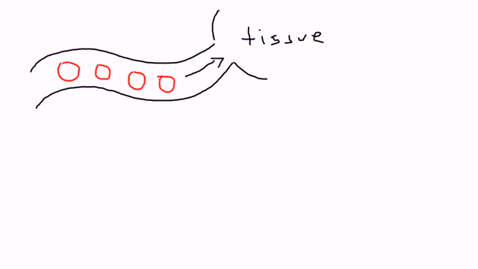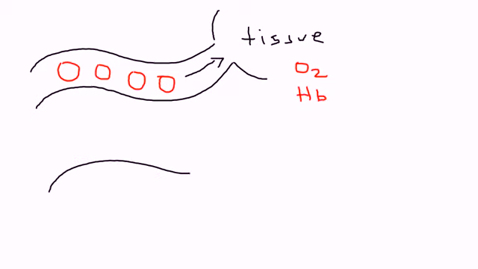So it's important to understand the pathophysiology. So here's a nice blood vessel, and let's just say this is the end organ that it's supplying blood to. In a normal case, the red blood cells would be nice and round, and they would be able to flow to the tissue and provide the oxygen that sits inside the hemoglobin molecule.